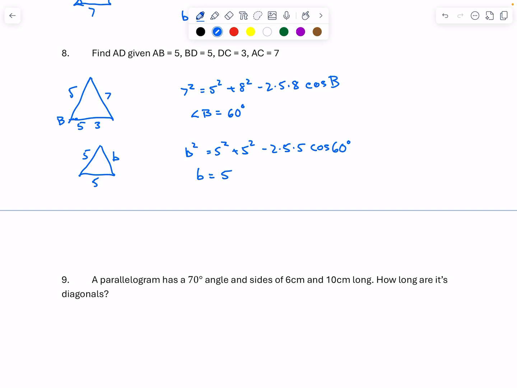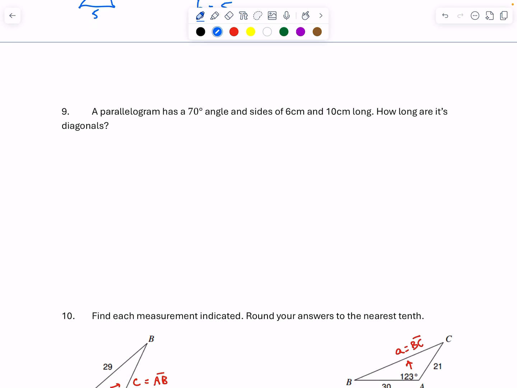So there you go. Okay, to do this problem, I'm going to draw two different diagonals on the parallelogram, and I'm going to find them separately. First one, we'll draw the easier one, which is, I guess, the shorter one.